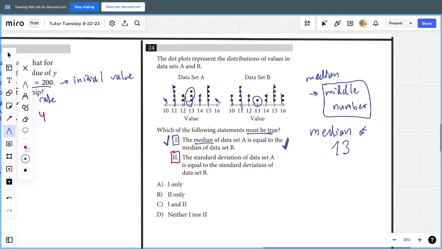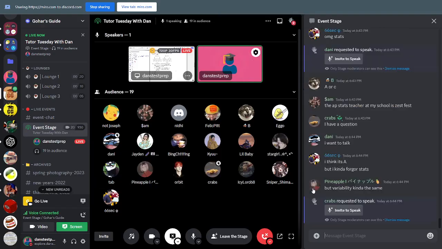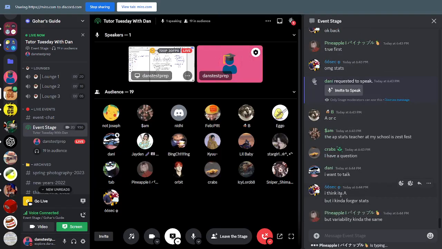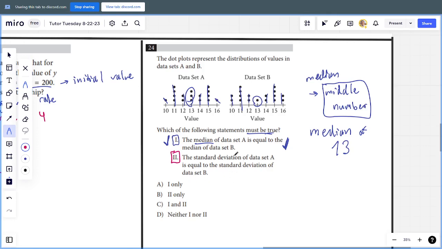The standard deviation of dataset A is equal to the standard deviation of dataset B. Well, the standard deviation, you don't even need to calculate it, although you probably could at some easy way in Desmos for the digital SAT. You don't need to calculate it.